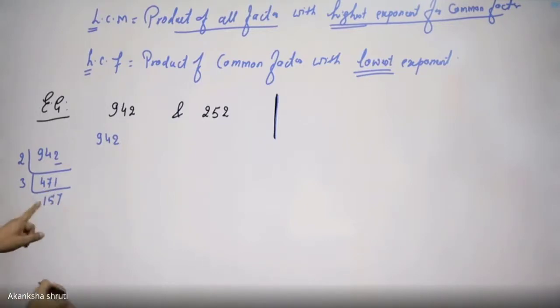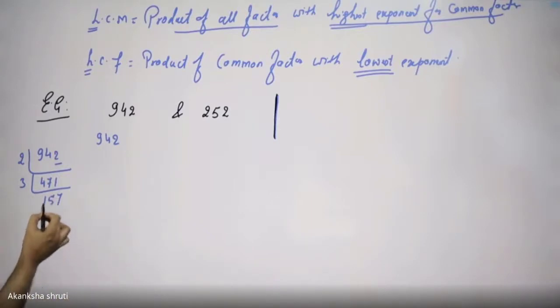Again, we have to check whether it is divisible by 2. No, not even at unit digit. Then for the 3, students, 1 plus 5 is 6 plus 7 is 13. So not divisible by 3.